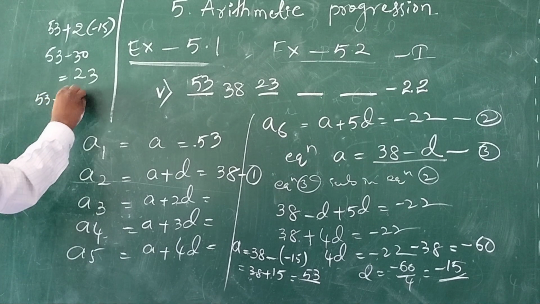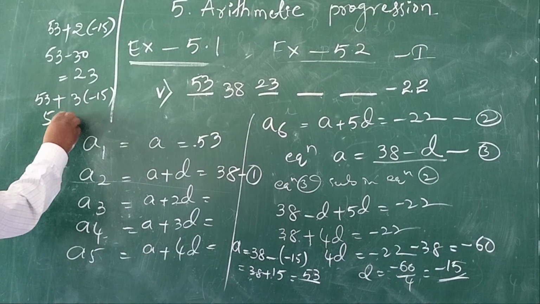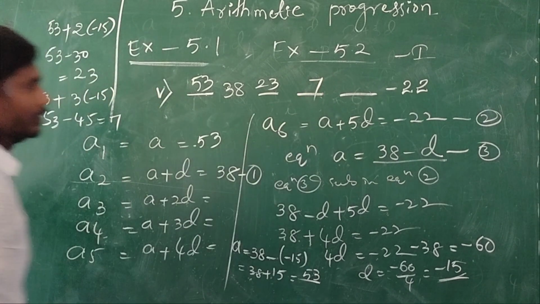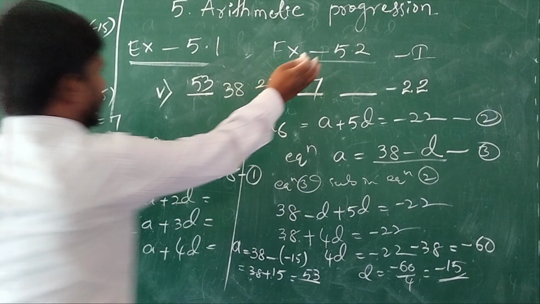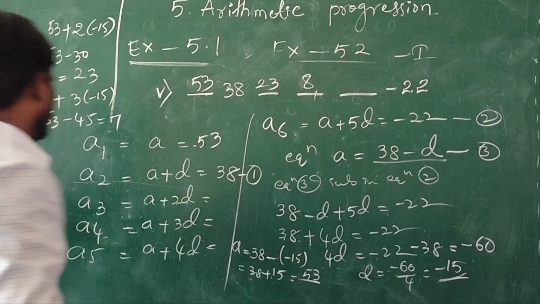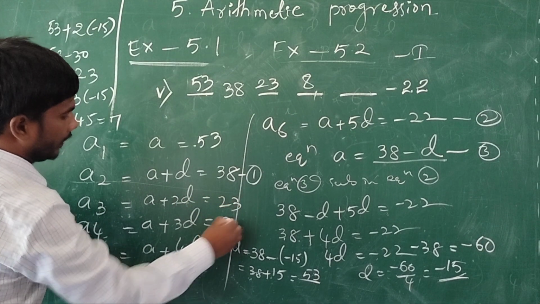Next term, 53 plus 3 into minus 15, 3 into minus 15. 53 minus 45, that is equal to 8. Sorry, 8. 53 minus 45, that is 8. Last one: here 23, here 8.